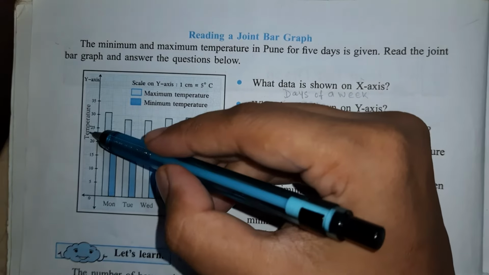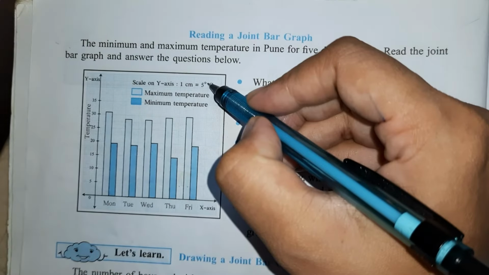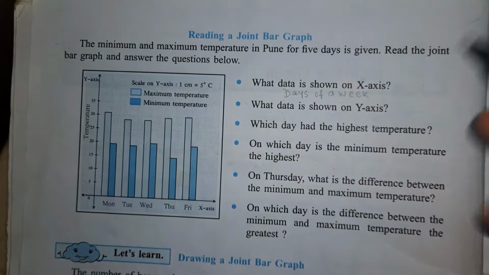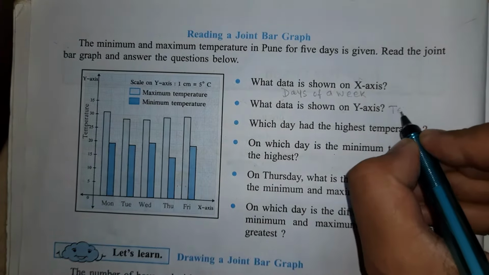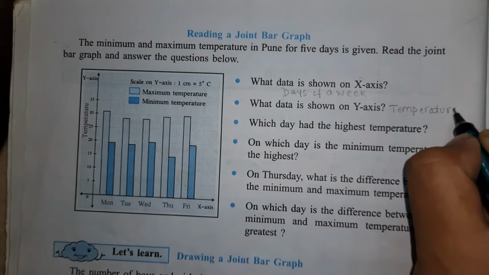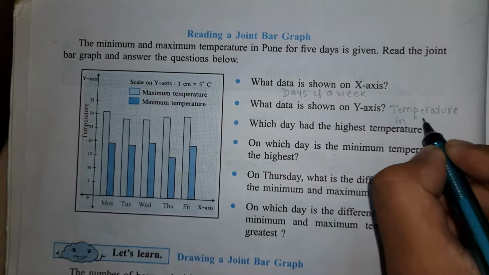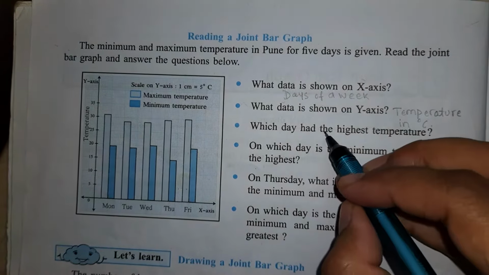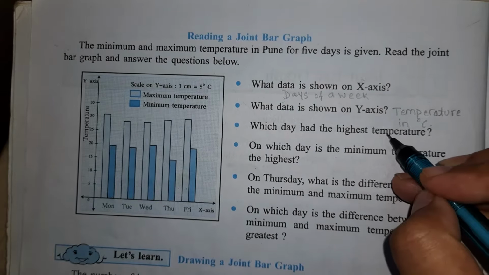What data is given here? Temperature. And what is the unit of temperature? Degree Celsius. So y-axis shows temperature in degree Celsius.